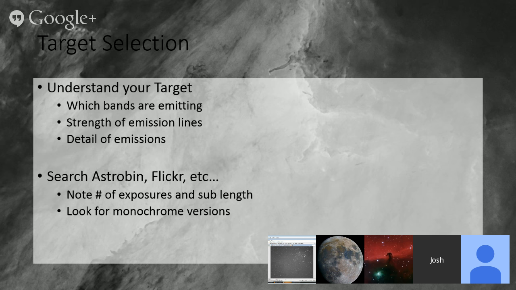When I was shooting M27, the Dumbbell Nebula, I knew there was some really faint O3 on the ears of the Dumbbell Nebula that I really wanted to make sure I got. I saw a lot of people taking 20-minute exposures, and some even taking 30-minute exposures, and they were getting some of those ears that I really wanted to see in my picture, but not a lot of them.